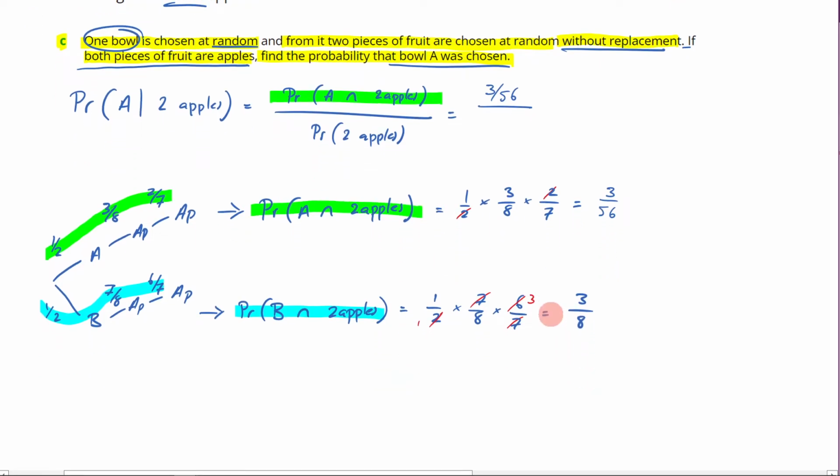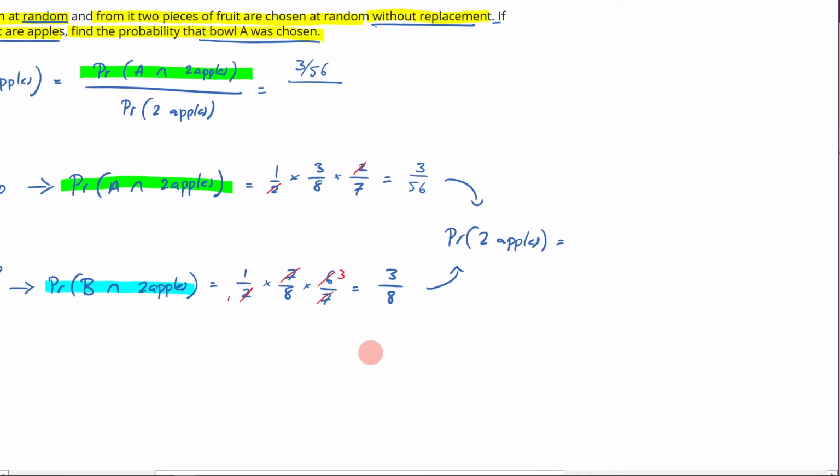You just got to make sure that you simplify first. Now, for me to figure out the probability of 2 apples, I simply add these together: 3 on 56 plus 3 on 8.